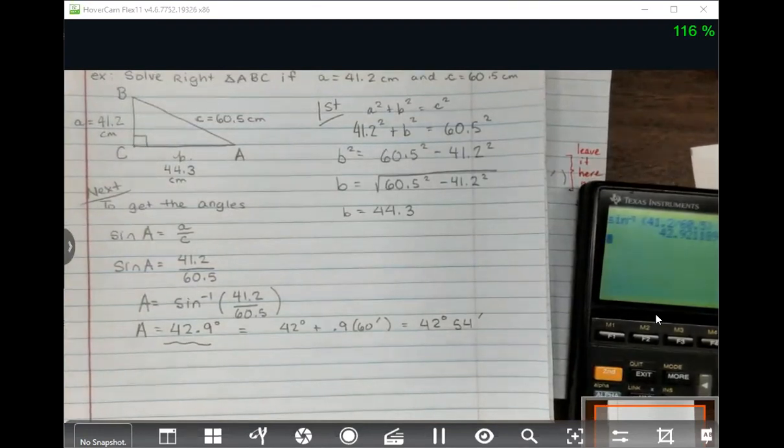Okay. All right, now we can get angle B using the fact that angle A and angle B in any right triangle have to be complementary. So what number do I add to 42.9 to get 90?